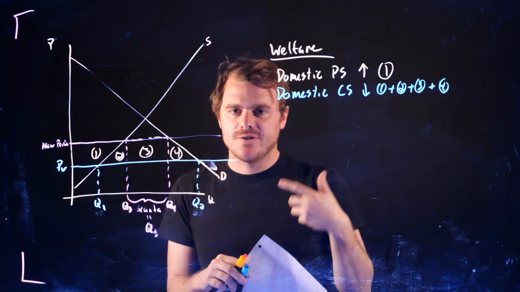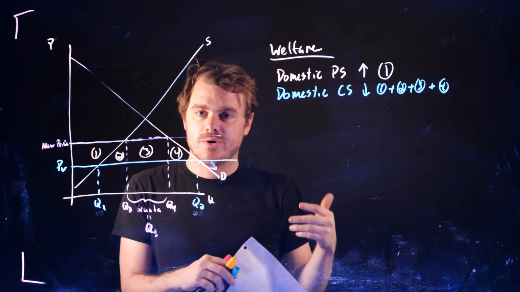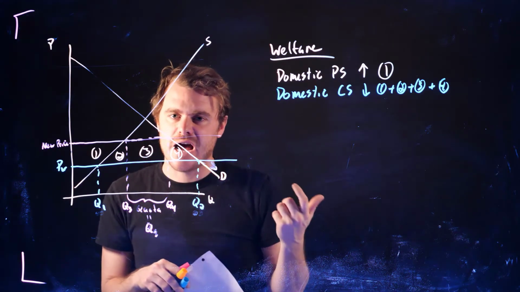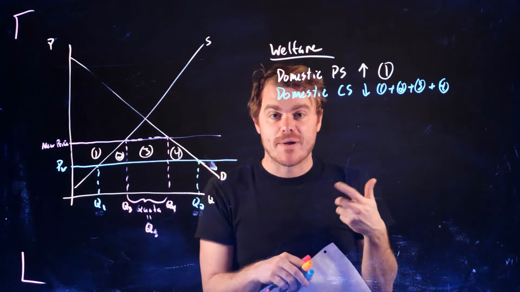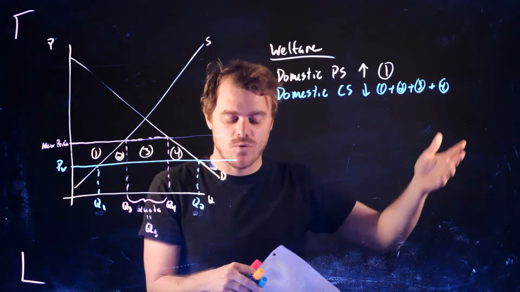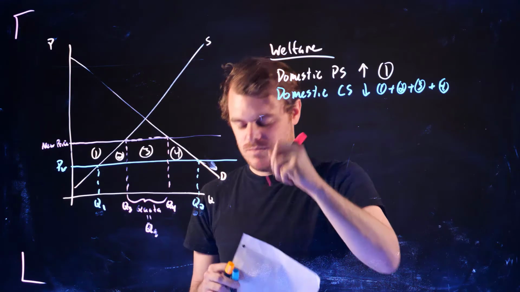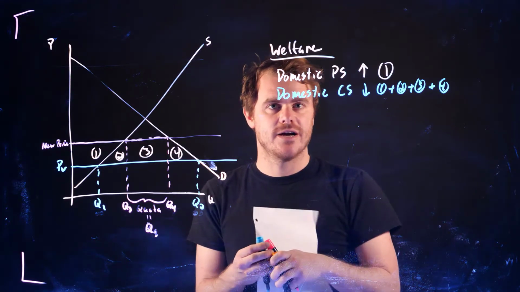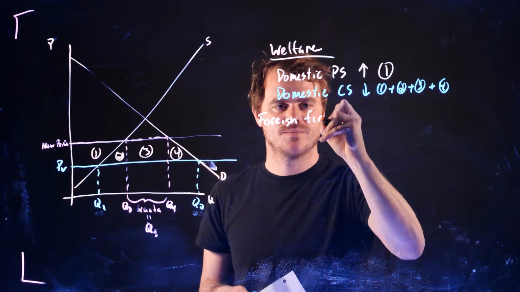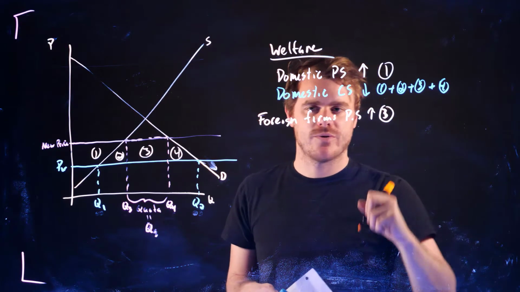But now we're not charging a tariff when goods enter our country. We're just restricting how many of these goods. And so this area 3 is not going to be government revenue anymore. In fact, it's increasing the producer surplus of these foreign firms. So foreign firms' producer surplus is going to increase by this area 3.